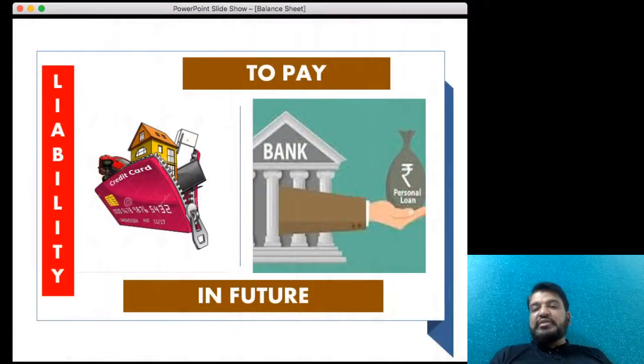Sundry creditors, bills payable, all these things are liabilities. Like if you have not paid the electricity bill, that's bills payable. If you have not paid salaries, that's outstanding salaries. That's also a liability. And the money the company owes to the owner, which has to be paid back to the owner, is also a liability.